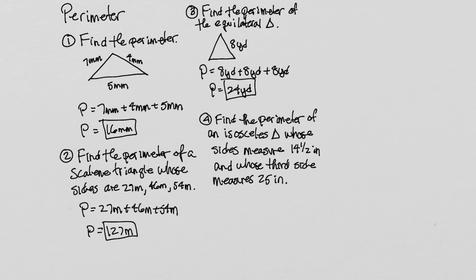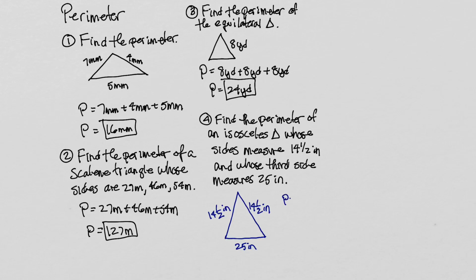And in number 4, we're asked to find the perimeter of an isosceles triangle. Now, an isosceles triangle is a triangle that has two sides of equal length, like maybe we draw that, and then a third side of a different length. So we're given that these sides are 14.5 inches, 14.5 inches, and that the third side has a length of 25 inches.